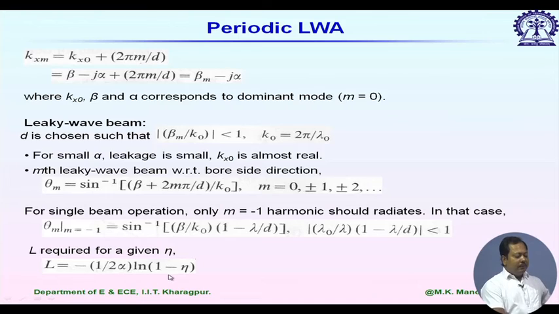Here also when d equal to lambda, the input impedance becomes either infinite or 0, and the waveguide will not accept any power because of the impedance mismatch, so we won't have any radiation in the broadside direction. So for both the conventional uniform leaky wave antenna and the periodic leaky wave antenna, we do not have any radiation in the broadside direction.